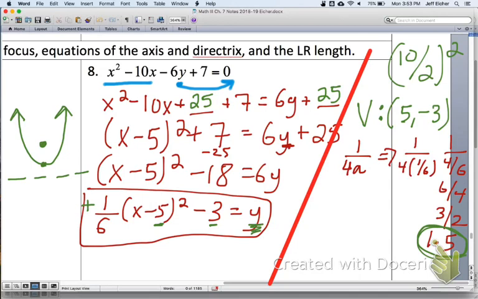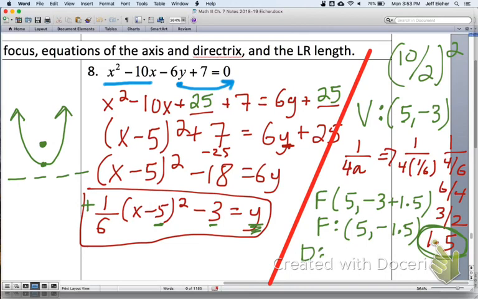So if the vertex coordinates were 5 and then negative 3, it's going to go up, so plus 1.5. So the coordinates of our focus would be 5, negative 1.5.